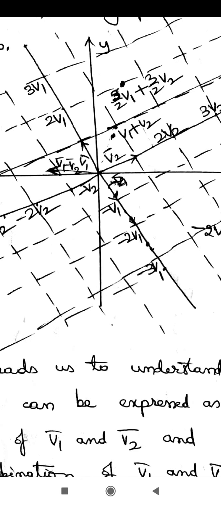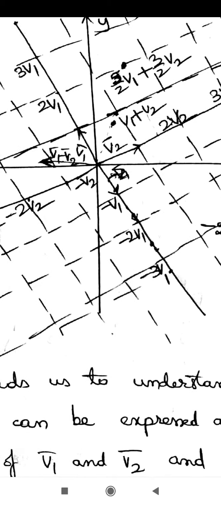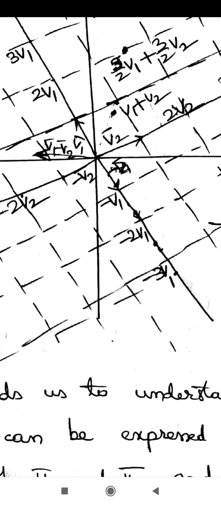Now I am taking parallel lines to both of these vectors in such a manner that every parallel line to the vector v1 is on either side of v1 at a distance of the length of the vector v2.